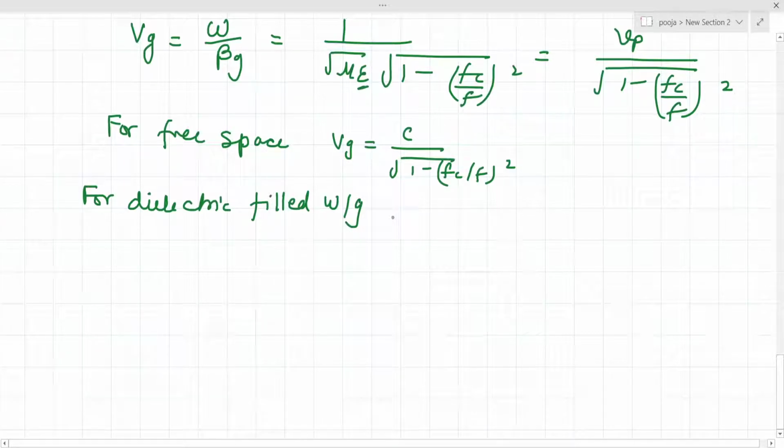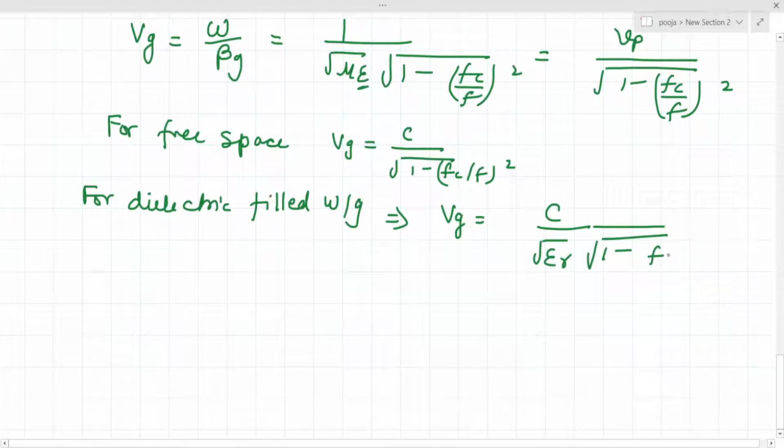So Vg will become C by under root epsilon r times under root 1 minus (fc by f) whole square. Now next comes the guide wavelength.